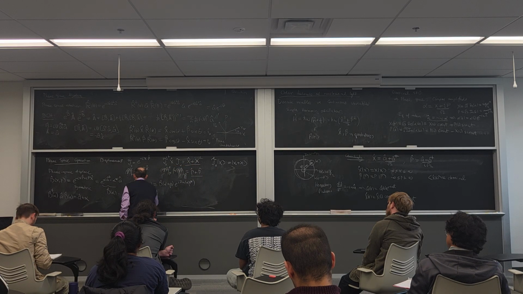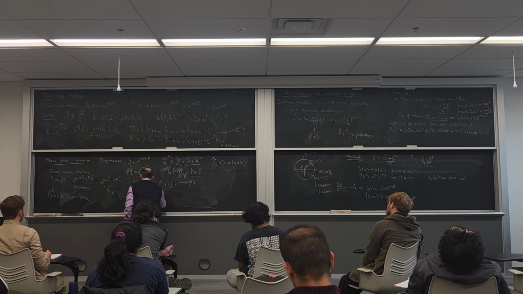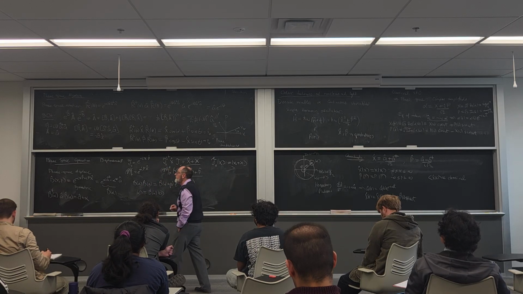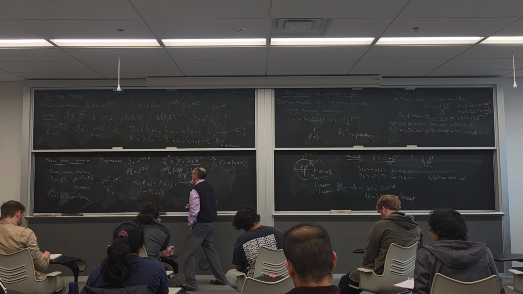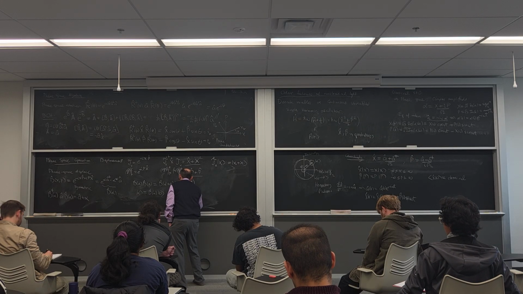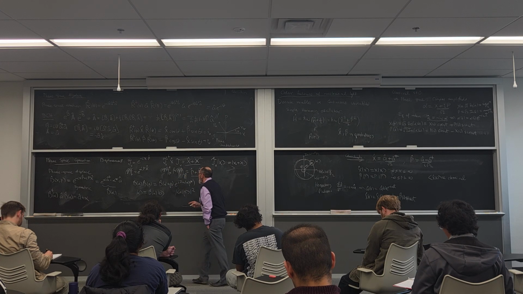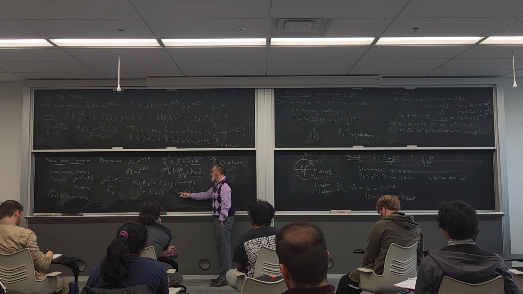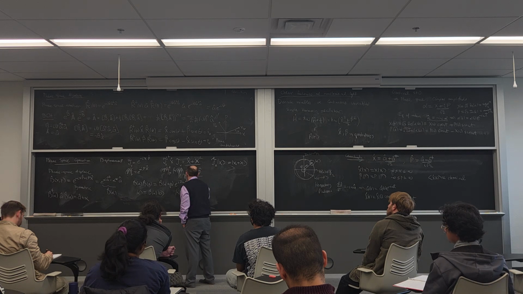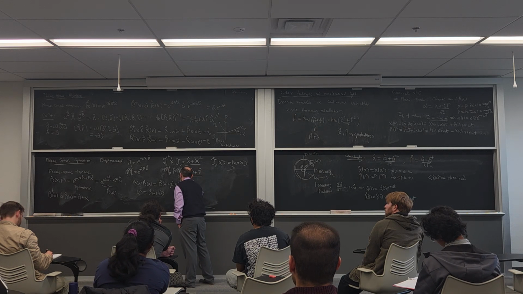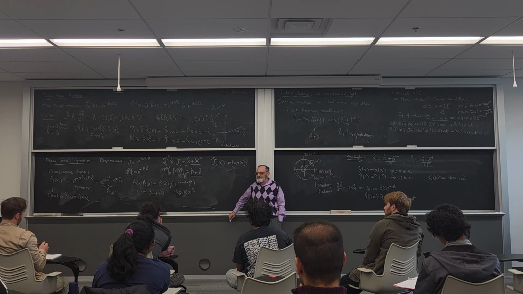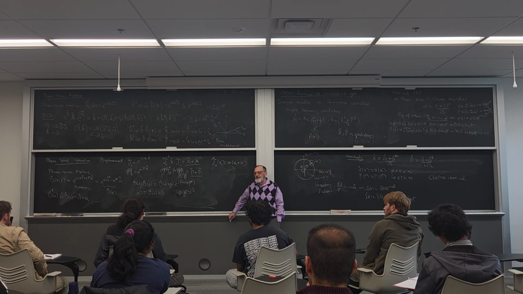So, the coherent state is a displacement on the vacuum. So using phase space algebra, what is the probability of finding this coherent state given this one? Or the other way around, it doesn't even matter. I'll say this is alpha, this is beta. Let's say, what is the overlap between two coherent states?